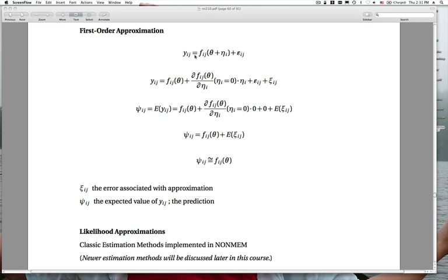And so what we want to do is to be able to solve this analytically. We have to marginalize that random effect, or integrate out the random effect. This is not possible when the random effect enters nonlinearly unless we make some approximations.